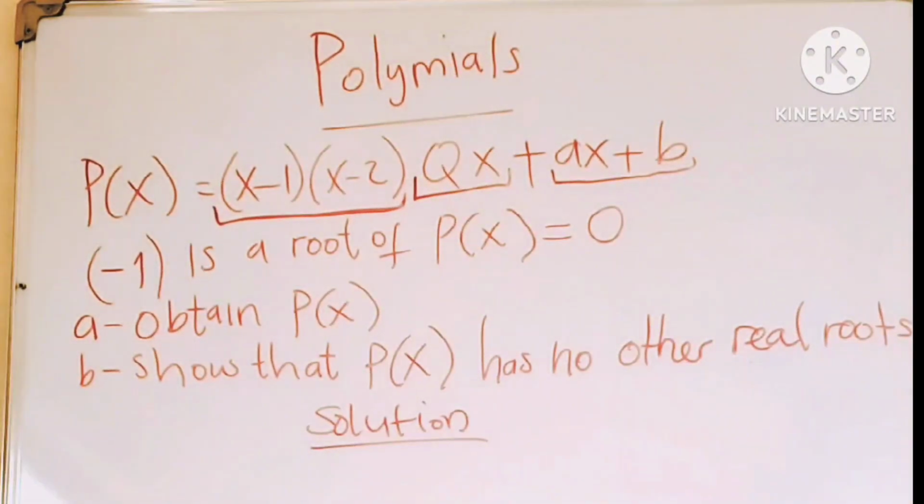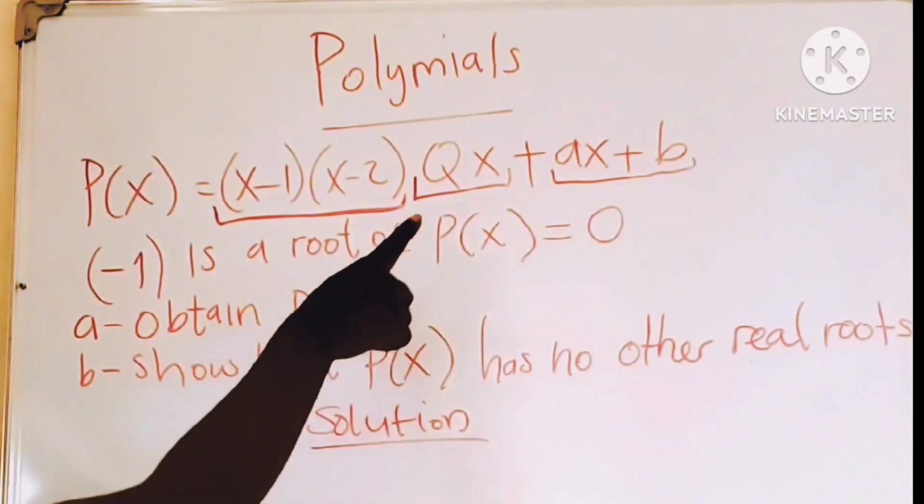Now, we are told in the question that the polynomial is a cubic polynomial with coefficient of x cubed equal to unity, that's equal to 1. So it's a polynomial of degree 3.